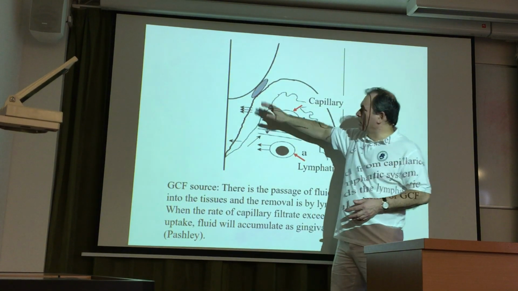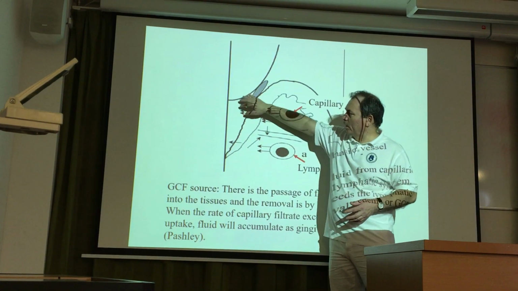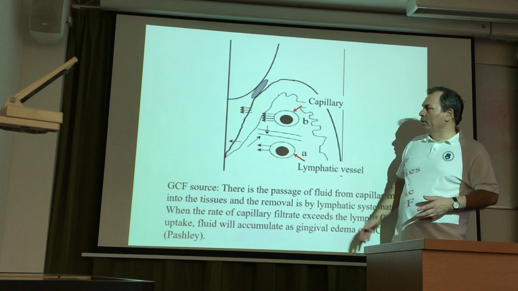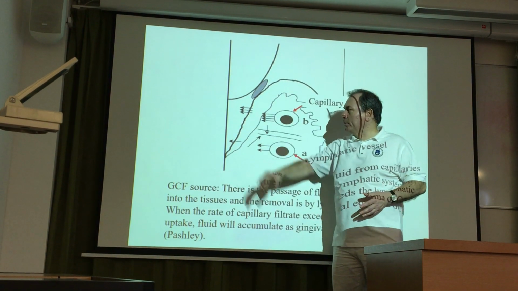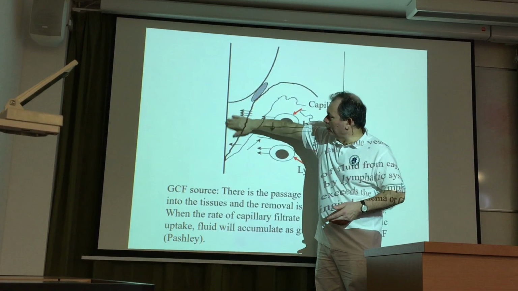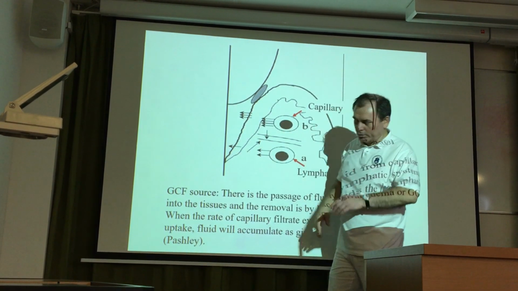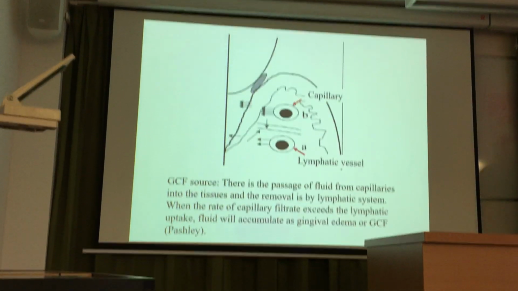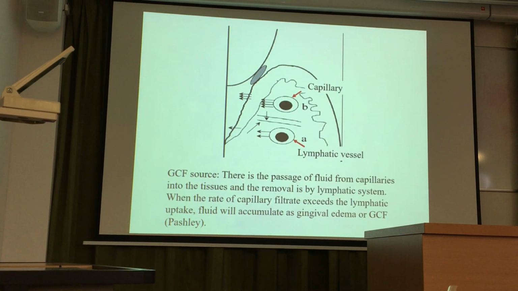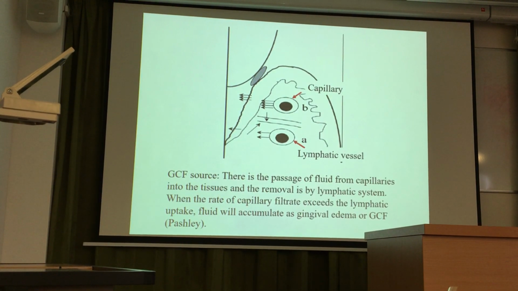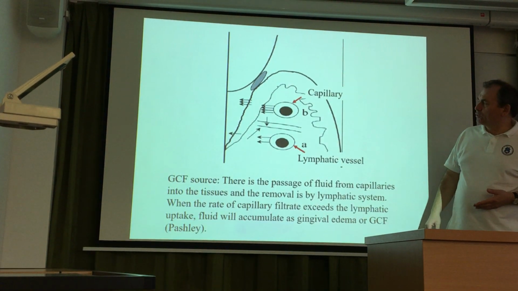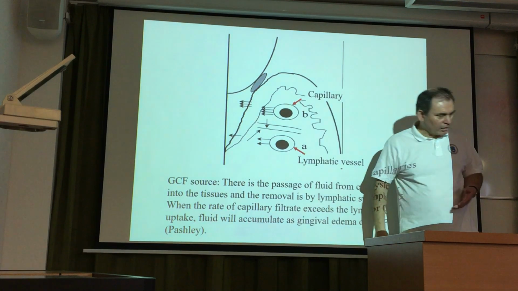You can see here bacteria and plaque, even subgingivally. You can find plaque even in the sulcus or on the surface of the tooth. And this will serve as a biological stimulus and will increase the exudate production from the capillary vessels.